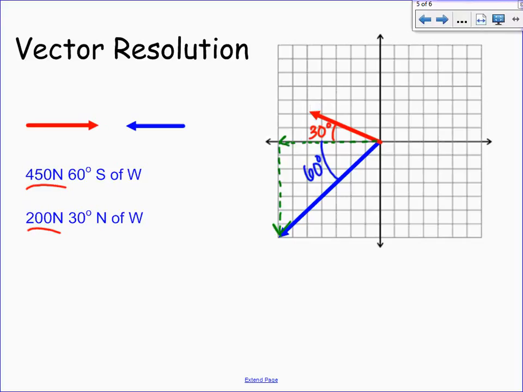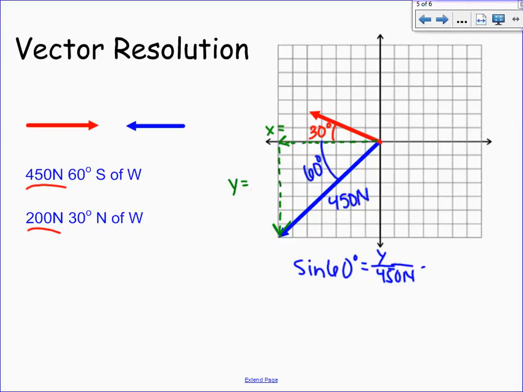I know that my hypotenuse is 450 newtons, and that my angle is 60 degrees. So I'm going to figure out what is my y component and what is my x component. All right, to find the y component, we're going to go ahead and use sine. Sine of 60 degrees equals opposite, which is y, over hypotenuse, which is 450 newtons.